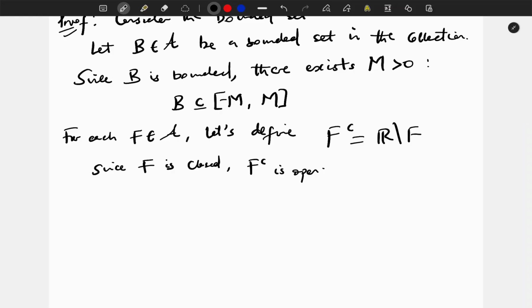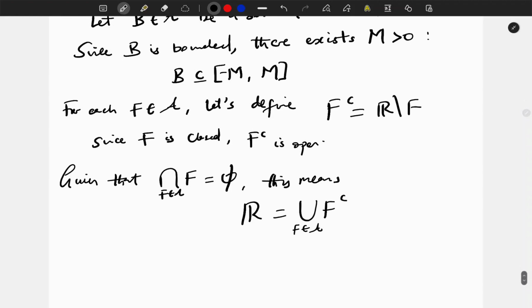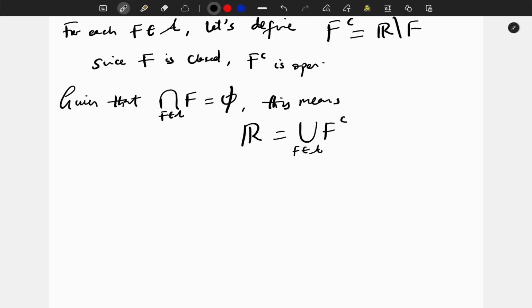So let's use the given condition. Given that the intersection of all F that belongs to A is empty, this means that R is just the union of all the complements, which are open sets which actually contain the entire R. So let's consider the bounded interval we have, the interval [-M, M].